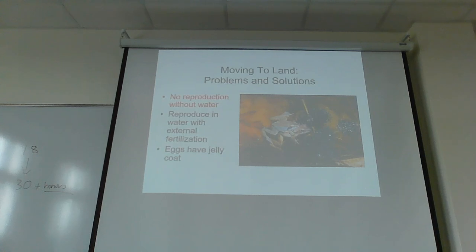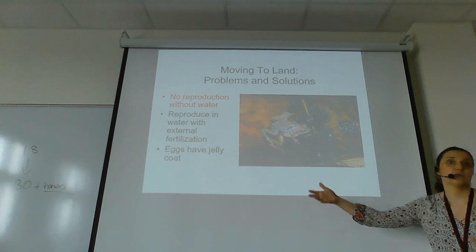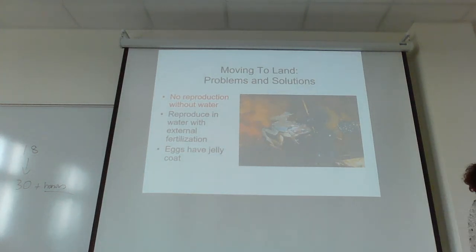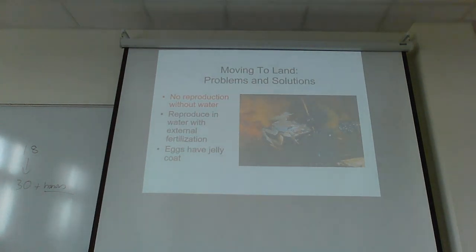But there are some species that do have internal fertilization. Now, the problem is that the fertilized egg, whether it forms in water or in the body of a female, needs to be released in the environment and develops in the environment. And the problem here is that the egg doesn't have a protection against dehydration.